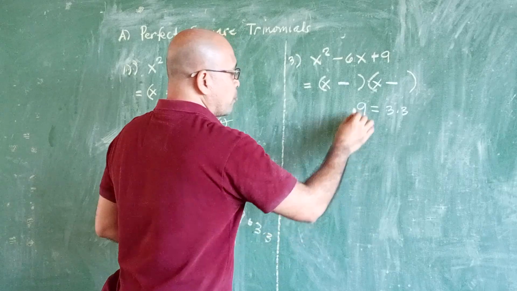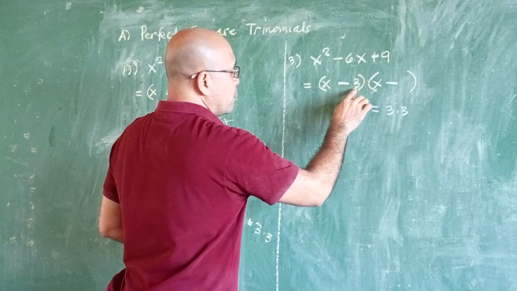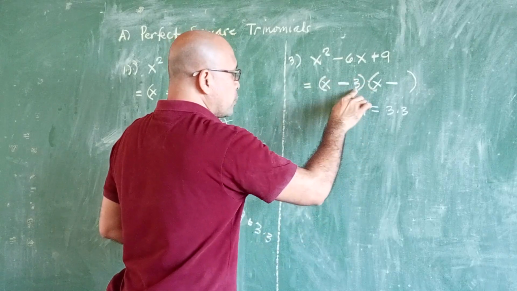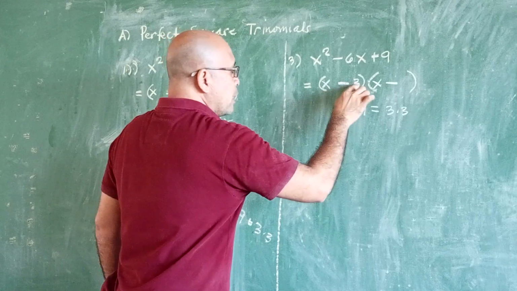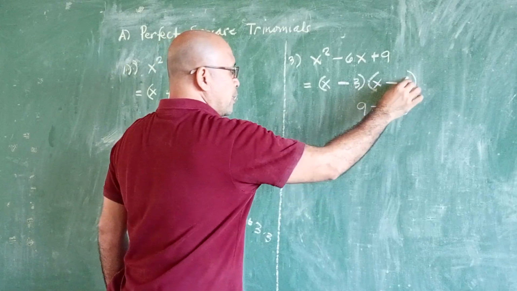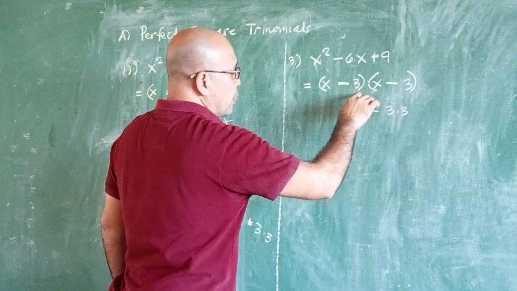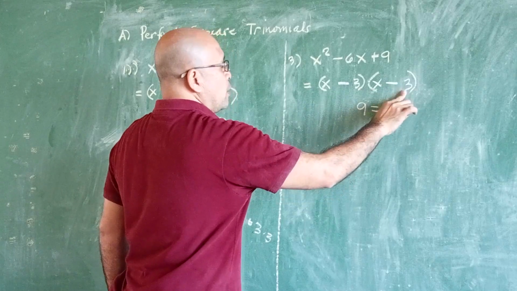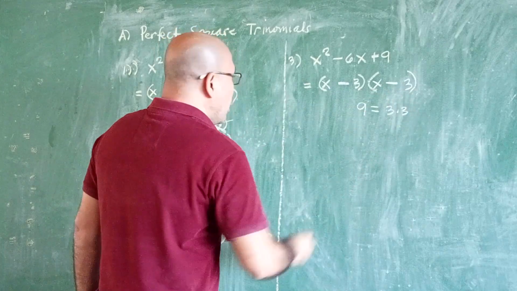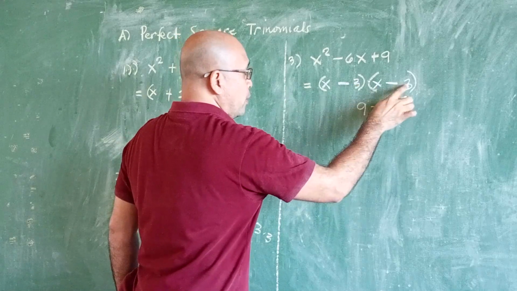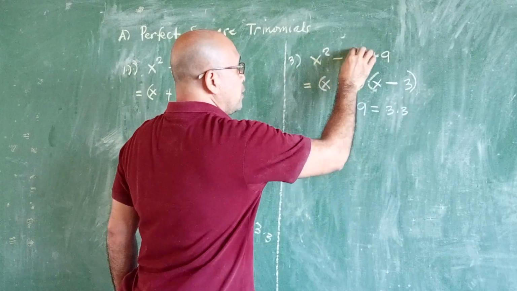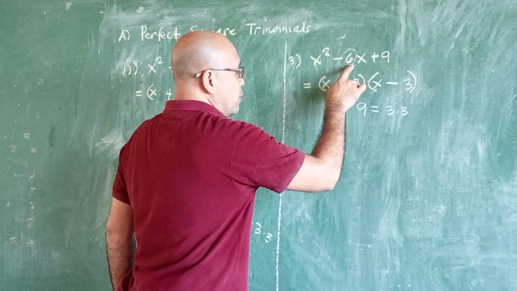So therefore, the first factor has the last term as 3, and the second factor, the same as the last term, is 3. And when you add 3 plus 3, the result is your coefficient in the middle term.